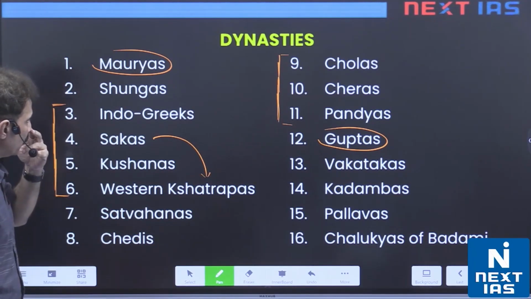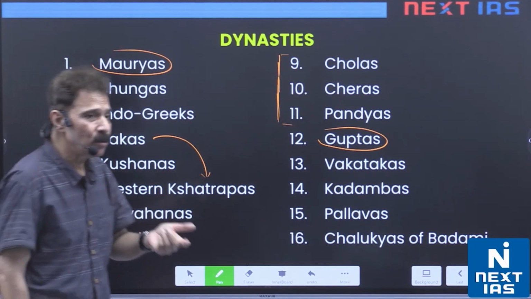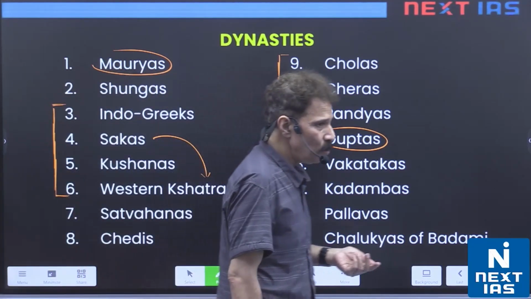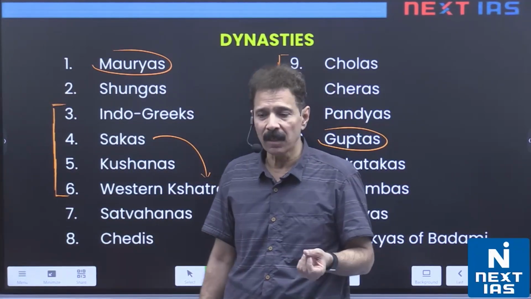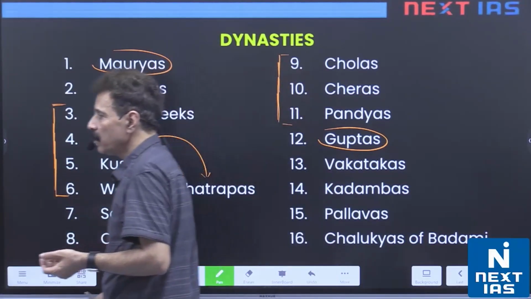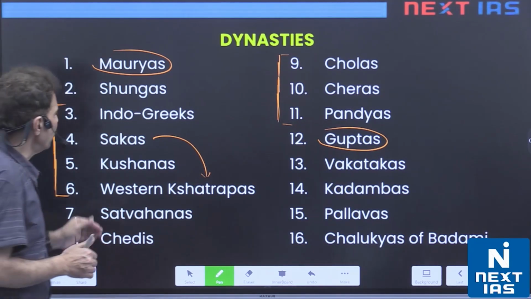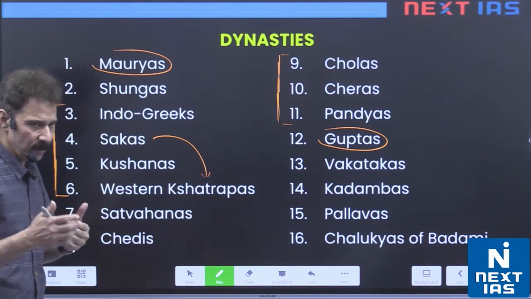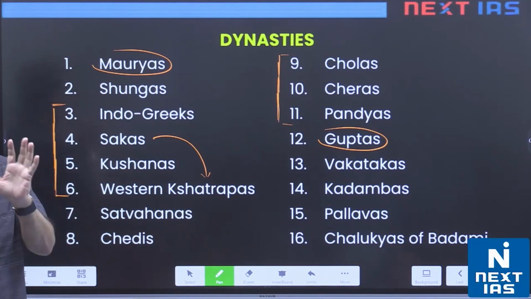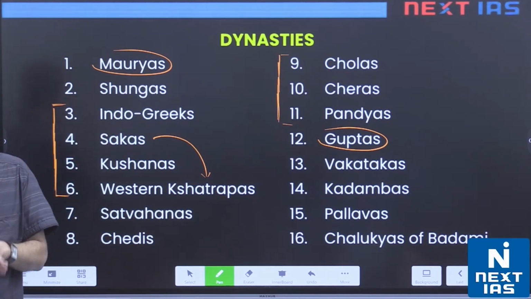Second is new elements introduced in the political system. Now, what does it mean? This means when they entered India in the post-Mauryan period, there was an existing political system.